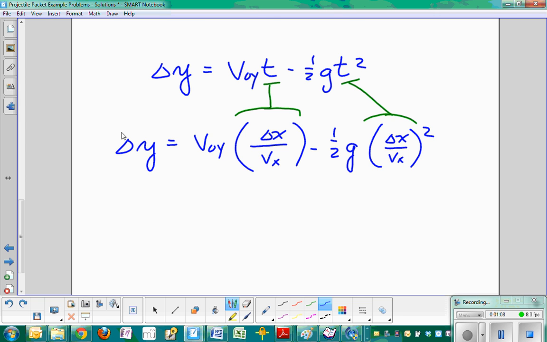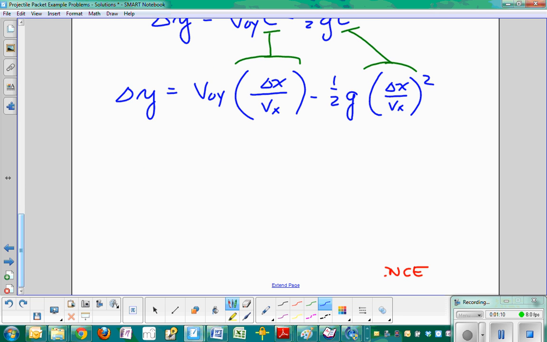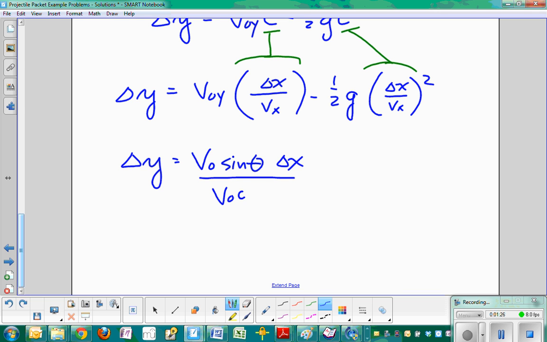All right, now what we're going to do is go ahead and blow up these terms, this v naught y and this v naught x, and we're going to say delta y is equal to v naught sine theta times delta x over v naught cosine theta. It's already shaping up to be interesting.